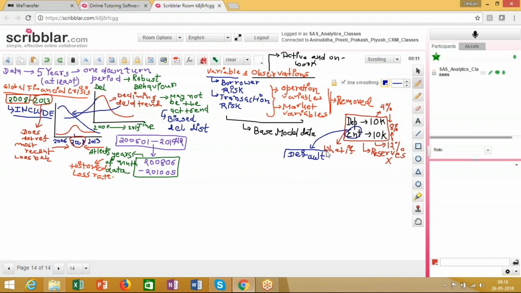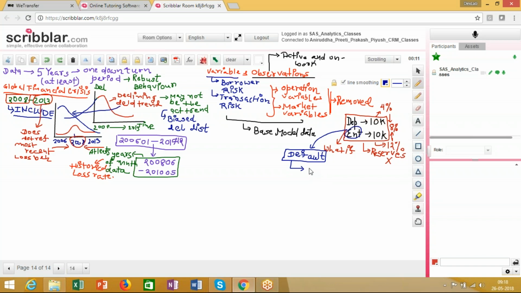When we talk about default, it means that the borrower did not pay back the entire amount of principal plus interest to the bank. That means the bank had lost some of the amount. Now, a default can be a complete default.